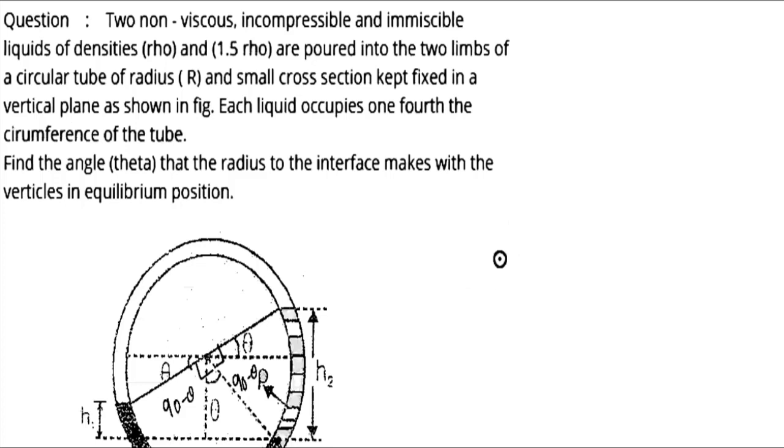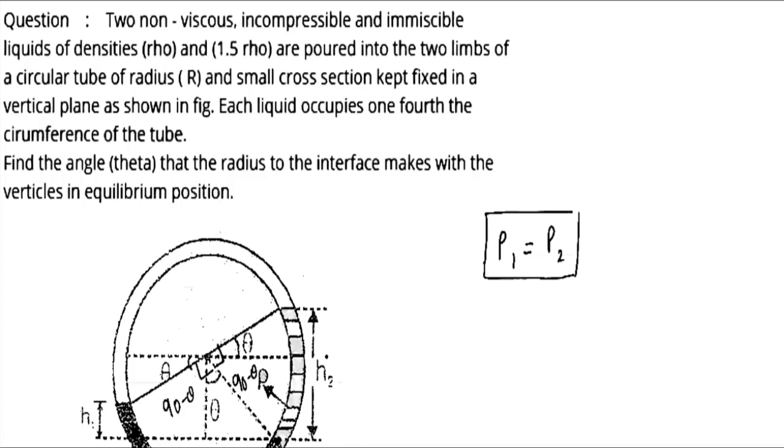So in that condition, pressure at point 1 will be equal to pressure at point 2. And that pressure is equal to rho g h, and density is given in the question. So first of all, we have to find the value of h1 and h2, meaning vertical height.